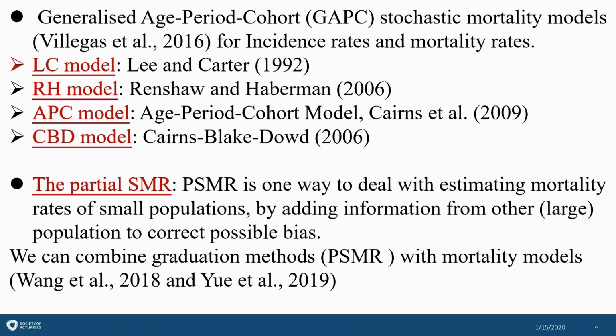We use the Lee-Carter model, the Renshaw-Haberman model, the APC model, the CBD model, and the graduation method, the partial SMR. Also, we can combine the graduation method with mortality models. It's shown in two papers, Wang 2018 and Yu 2019.